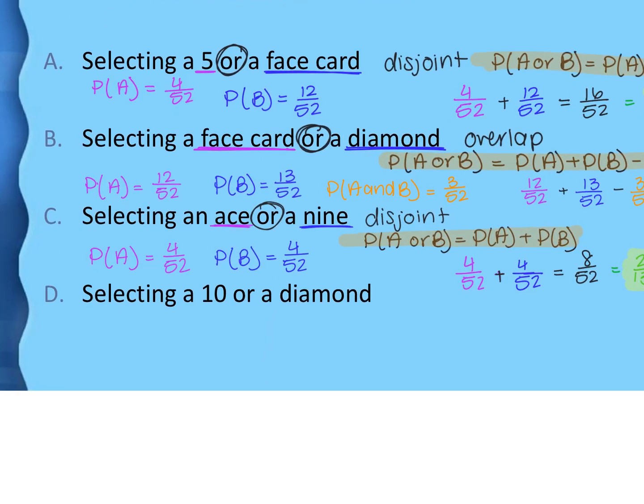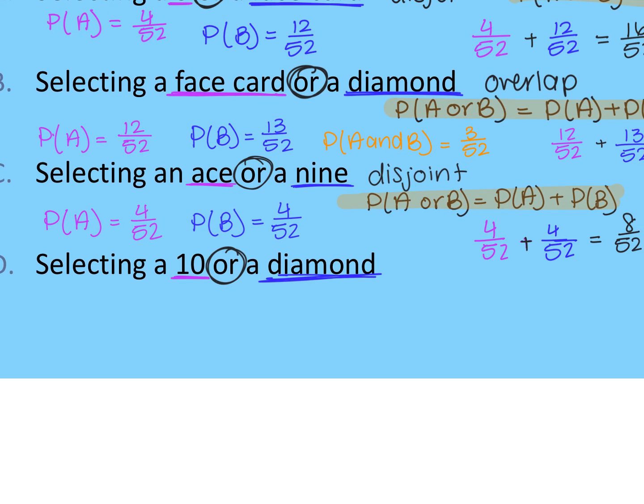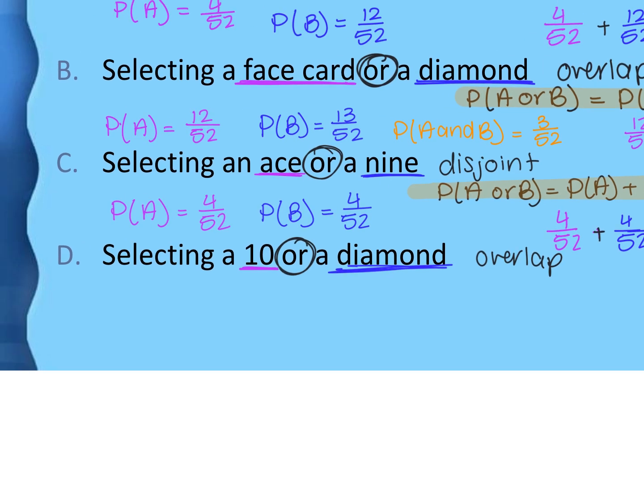And looking at the last one, it says selecting a 10 or a diamond. So a 10 is event A. It says or. B is a diamond. So it says overlap or disjoint. Good. This one's going to have an overlap. So let's go ahead and find that information. The probability of event A. How many 10s are there?